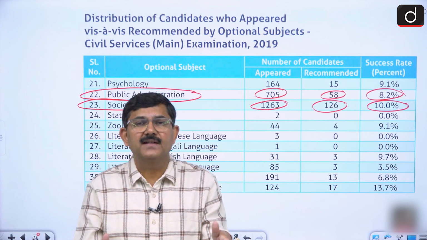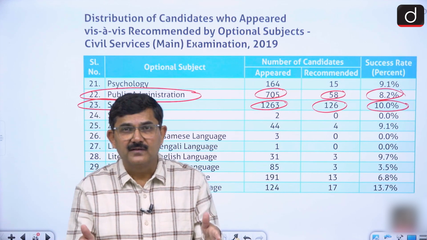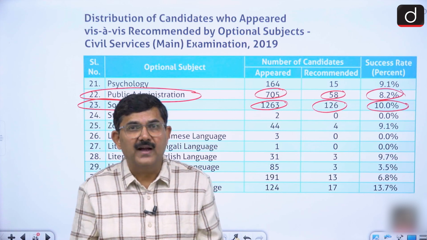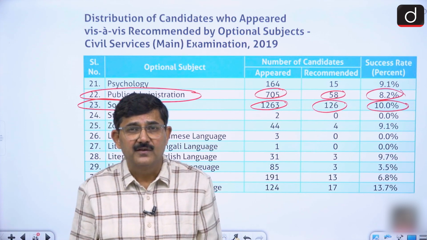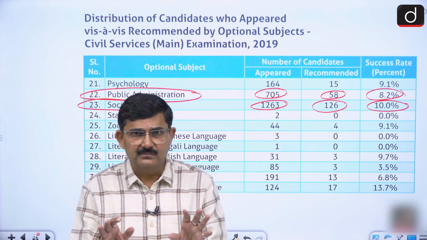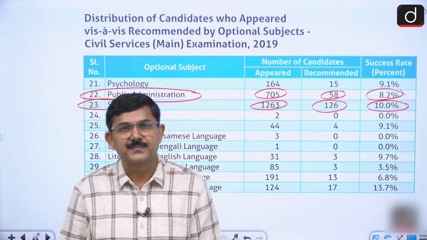So in a way, we can say that in all the 4 papers, sociology is providing you inputs, and it's the only subject, once again, the only subject which is applicable in all the 4 GS papers.